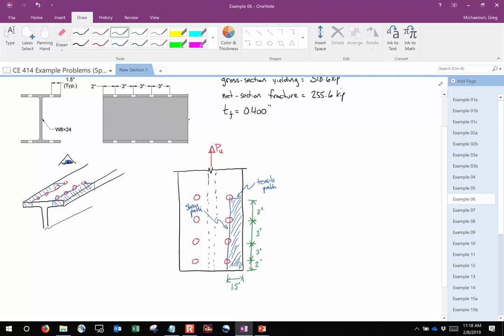I want everybody to be able to recognize that accordingly. Everybody good? Remember, we are going to be computing the capacity for a single block.